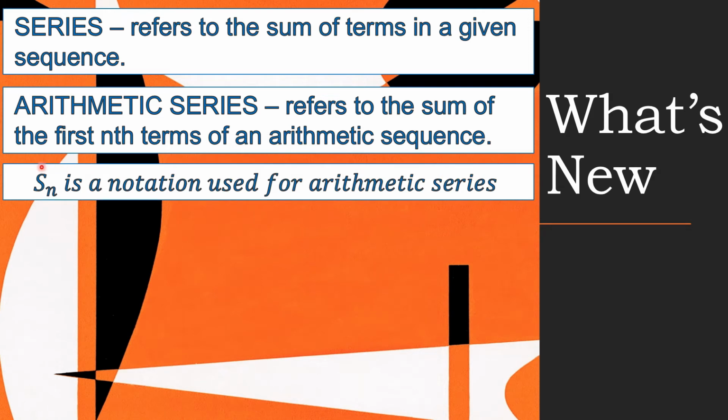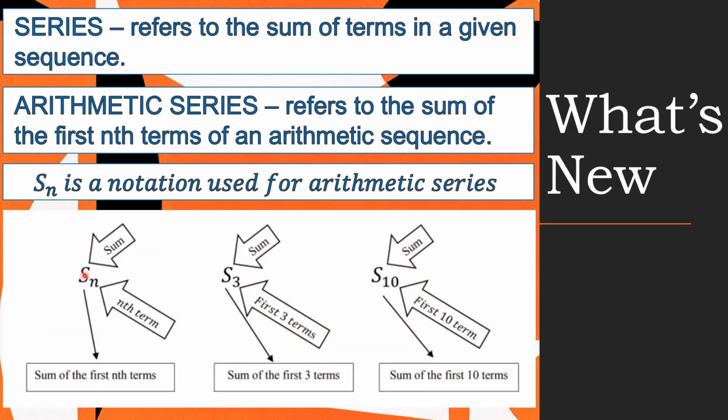And we usually use S sub n as a notation for arithmetic series. So, pag nakita niyo yung S sub n na yan, ibig sabihin, we need to find the sum of an arithmetic sequence. So, usually, if you see this S sub n, S refers to the sum and n will be the n term. Or, this is the sum of the first n terms of an arithmetic sequence.